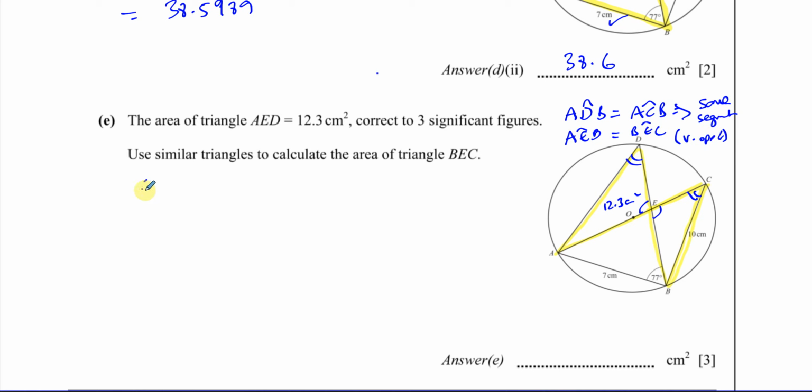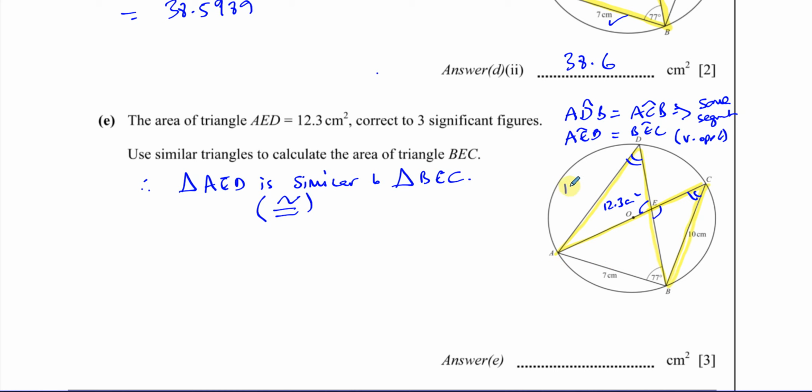So therefore we can say that triangle AED is similar, and you can use that symbol there, which means similar to, triangle BEC. They're similar triangles. And as they're similar triangles, we can find the length.